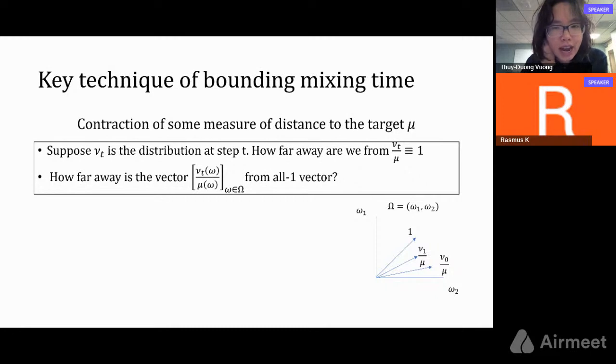The question is how far away the ratio nu_t over mu is. We can consider it as a vector in the space indexed by the states of the ground set. So we want to consider how far this vector is from the all-ones vector.